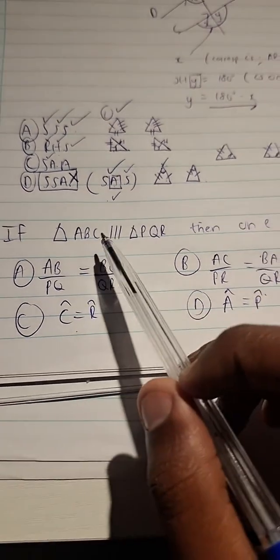Is AB over PQ equal to BC over QR if the two triangles are similar? Yes, Buru is saying yes. Yes, 100% correct. Okay. Is AB over PQ equal to BC over QR? Yes, it is. Guys, let me show you why we say so.